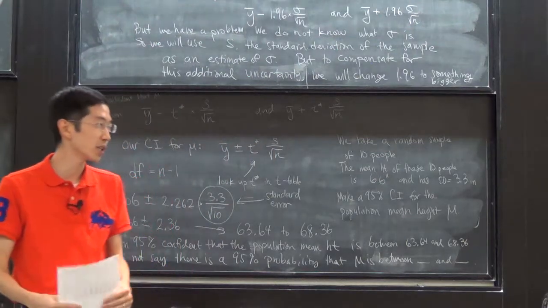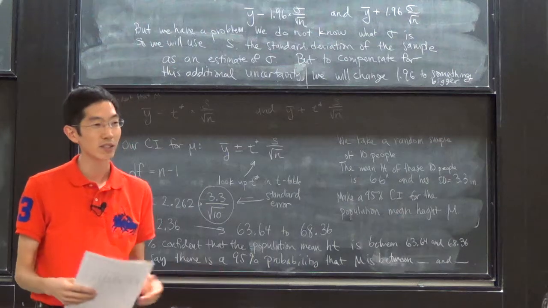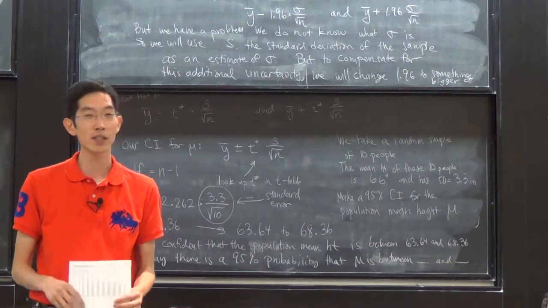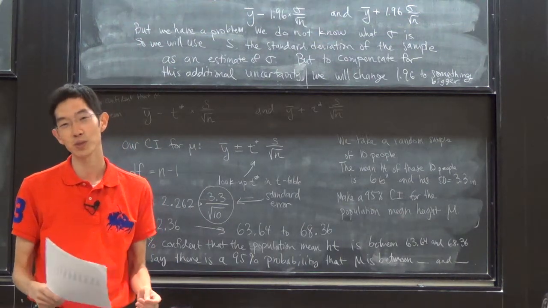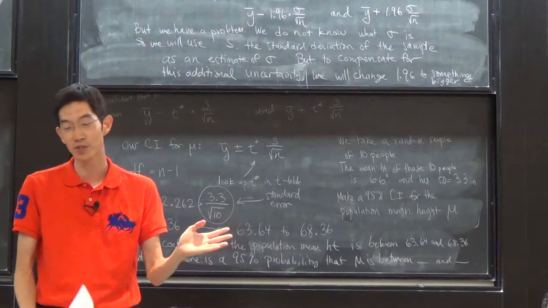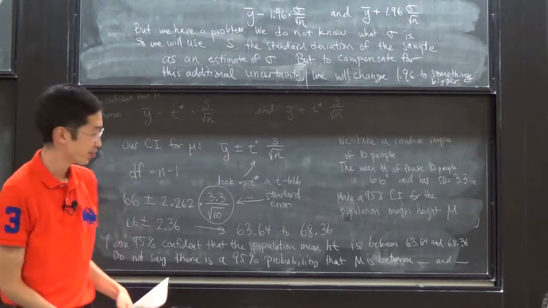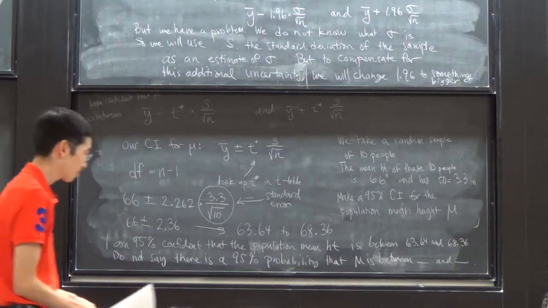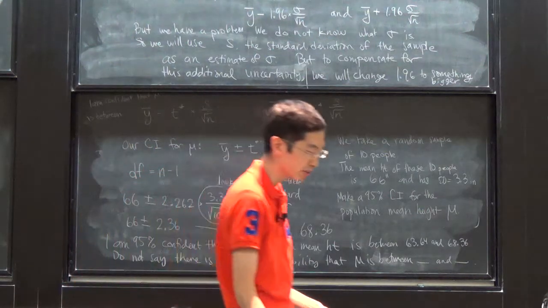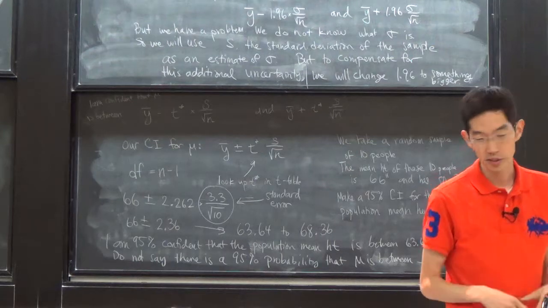If I wanted to be 100% confident about the location of the mean, I would have to say I'm 100% confident that mu is between negative infinity and positive infinity. That's the only way I can be 100% confident about any value of mu. But that's not very useful, so I can give up some confidence and have an interval.